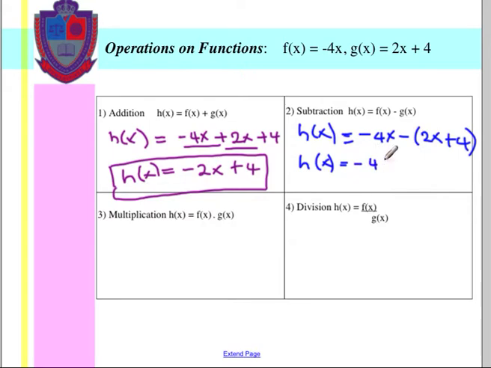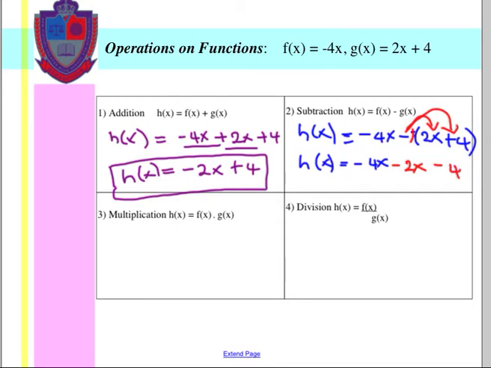So negative 4x. Remember there's that invisible 1 right here. So we have to distribute this invisible 1 that's normally right here. We have to take that and distribute that over. So when I distribute, this becomes minus 2x minus 4.